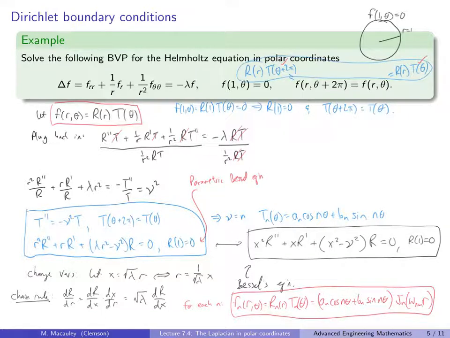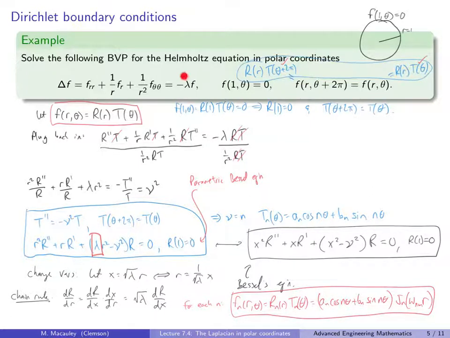Although before we go there, since I have this all written out here, let me just remind you that omega nm is the mth root of the nth Bessel function Jn of the first kind, and the square of this is the eigenvalue lambda here of this Sturm-Liouville equation.